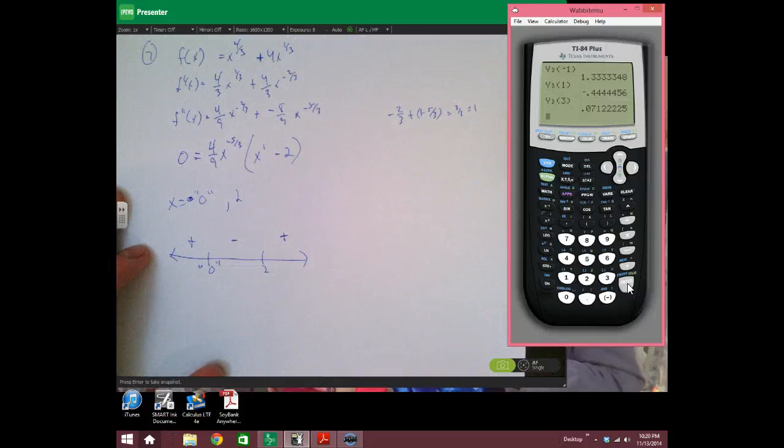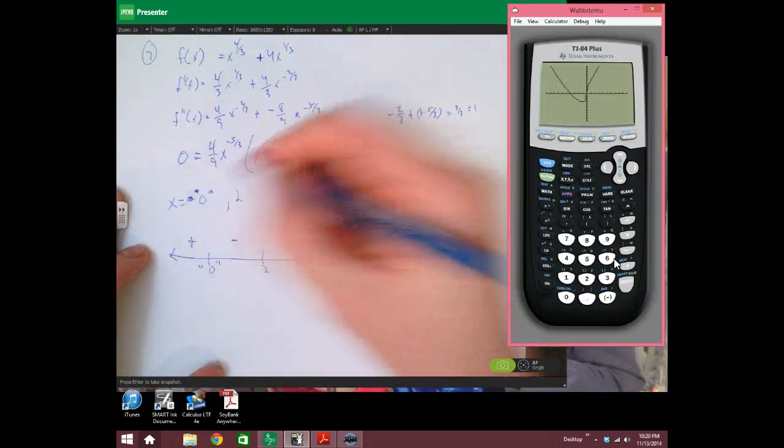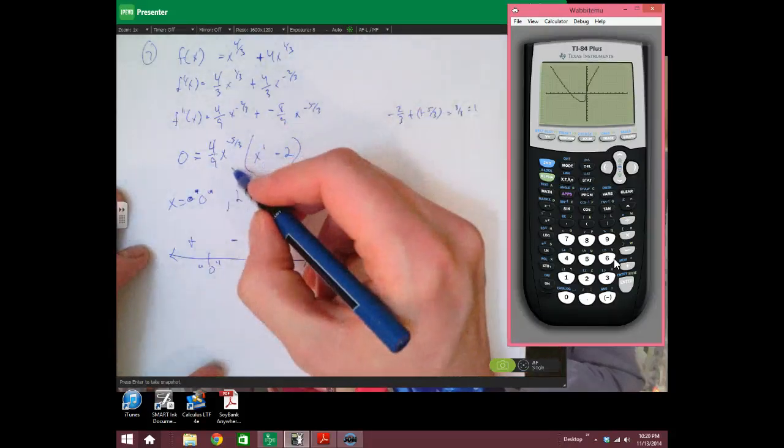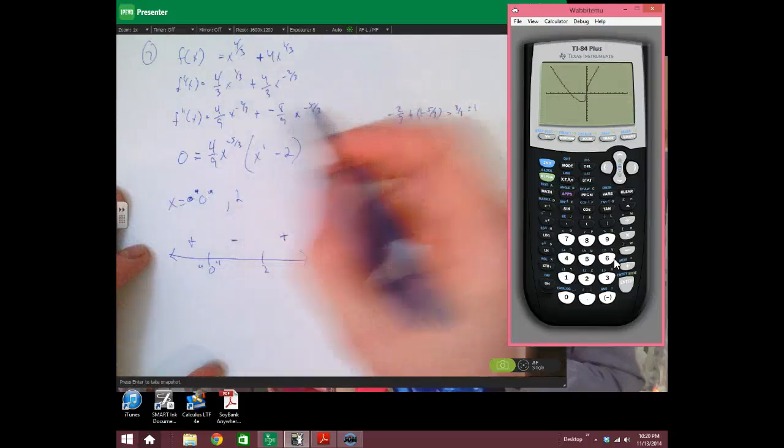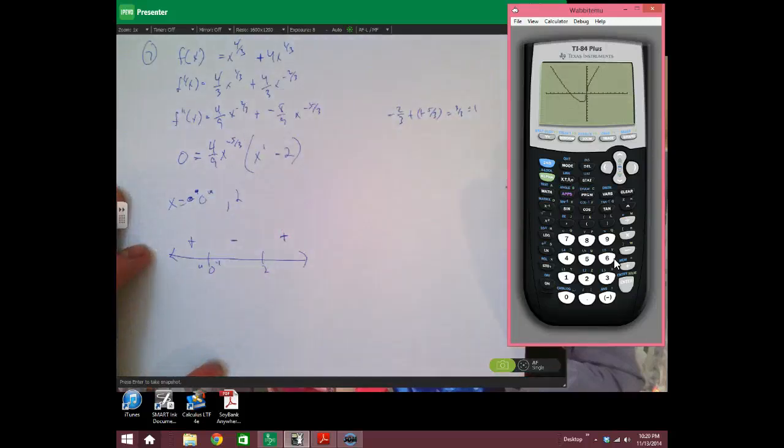So let's take a look then at our graph. We really should have counted 0, even though it gave us undefined here, because what we actually have is a vertical tangent, because 0 came as one of our solutions at the beginning.